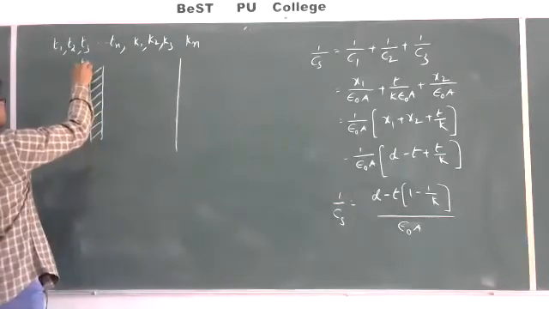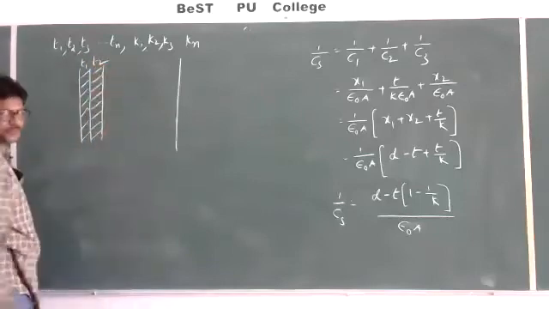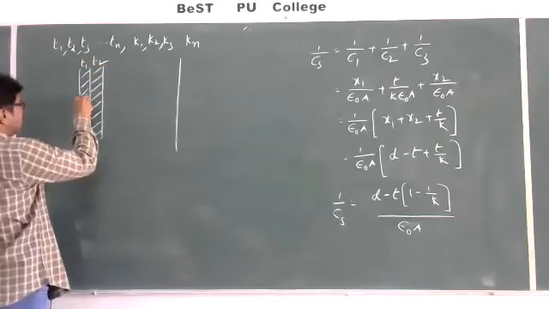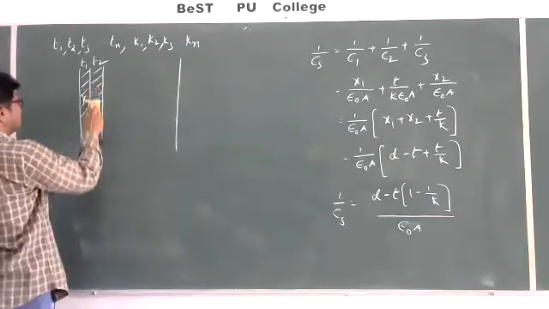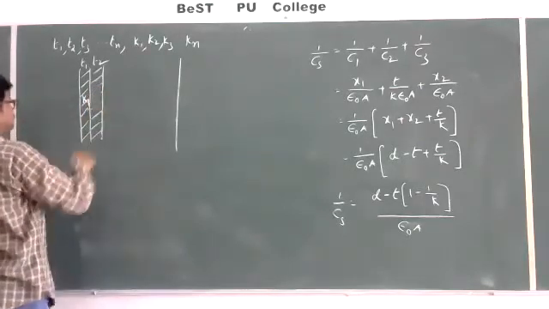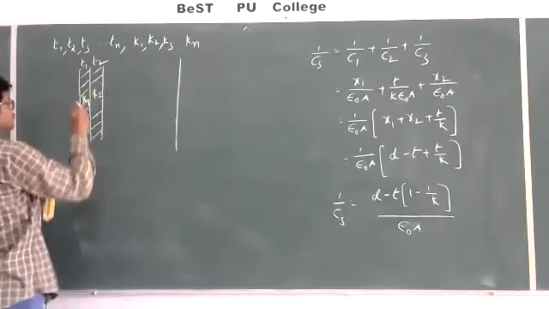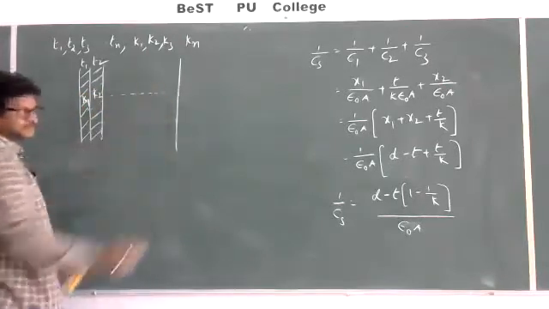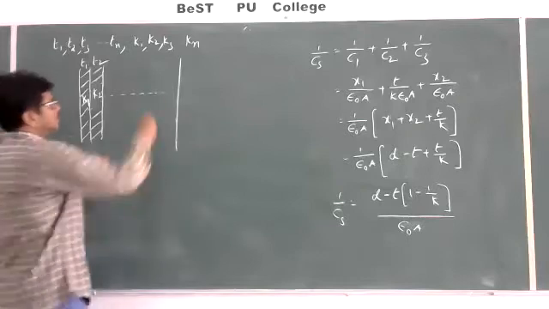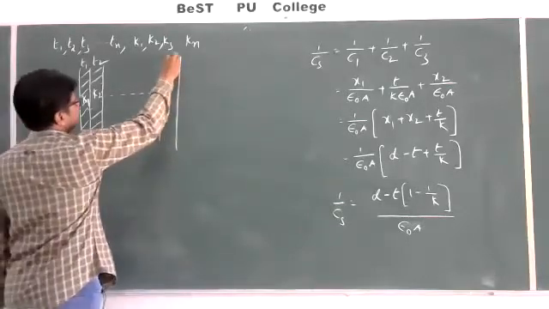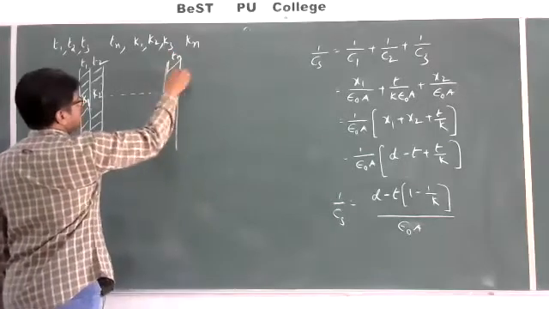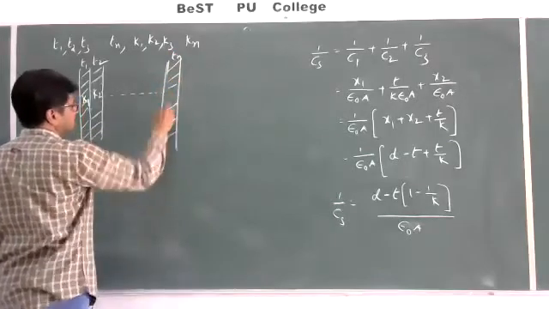This has thickness T1 and this has thickness T2. This has dielectric constant K1 and this has dielectric constant K2, and so on, and this has thickness Tn and dielectric constant Kn.